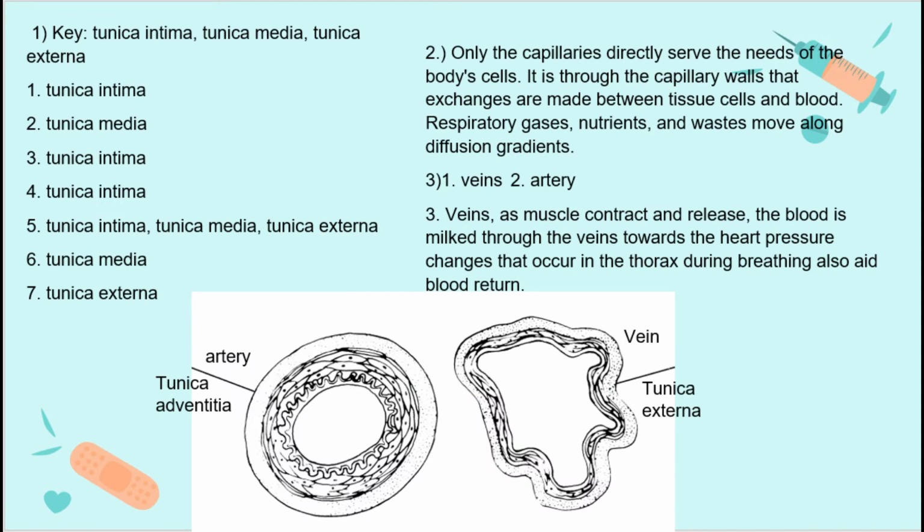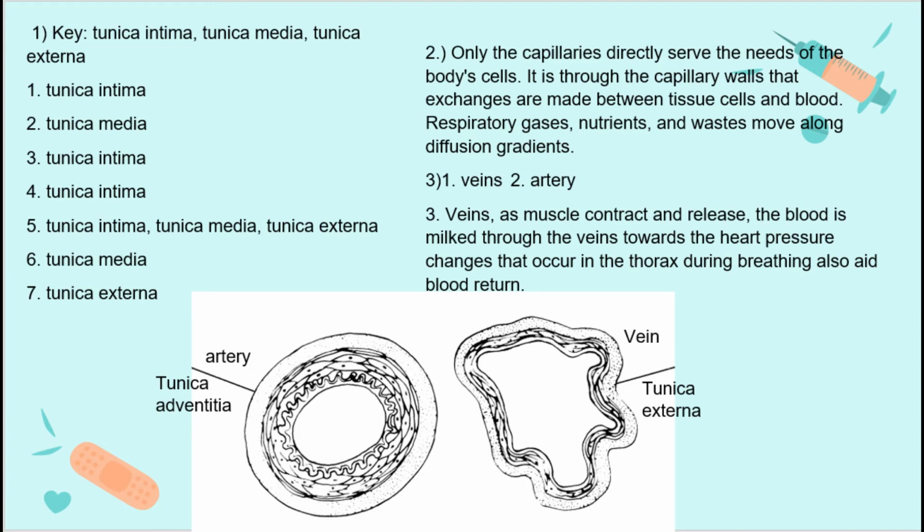Item number 1, key terms: tunica intima, tunica media, and tunica externa. Number 1, tunica intima, most internal tunic. Number 2, tunica media, bulky middle tunic, contains smooth muscle and elastin. Number 3, tunica intima, its smooth surface decreases friction.